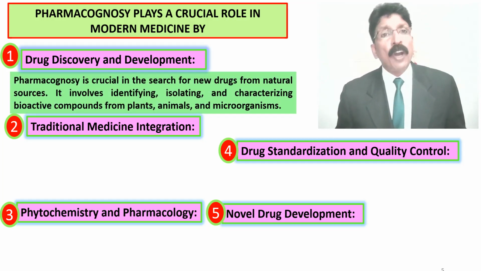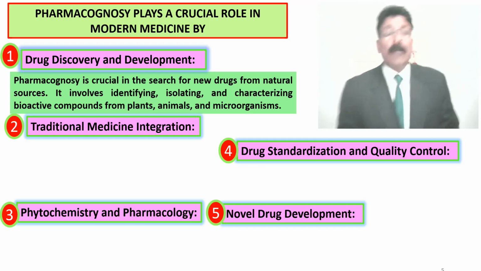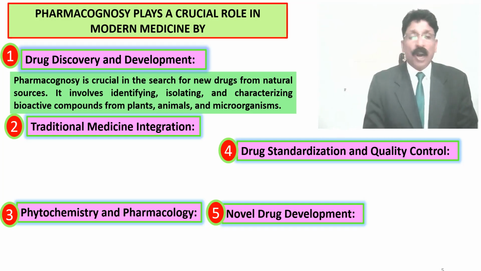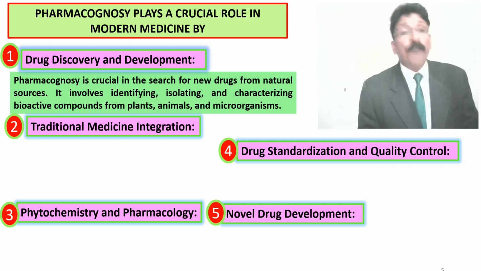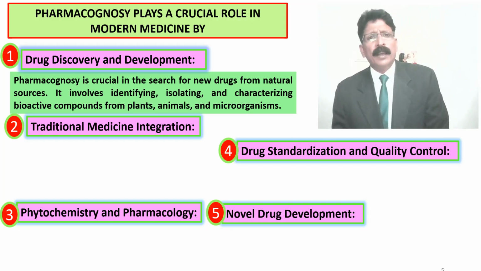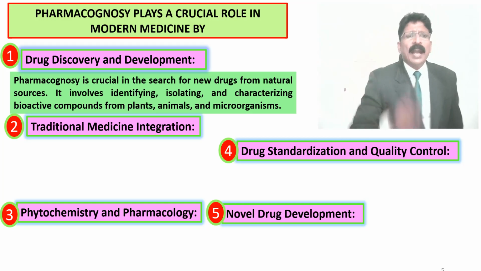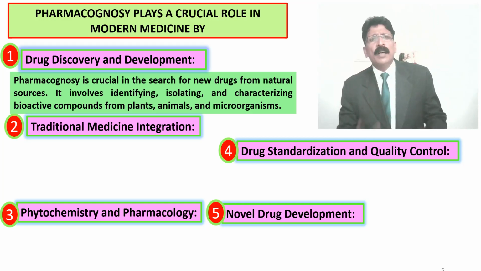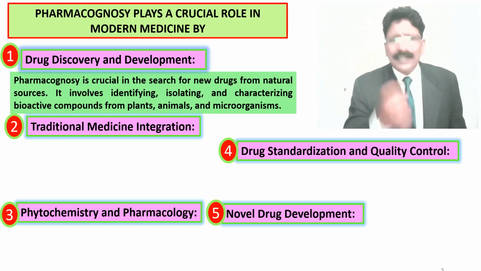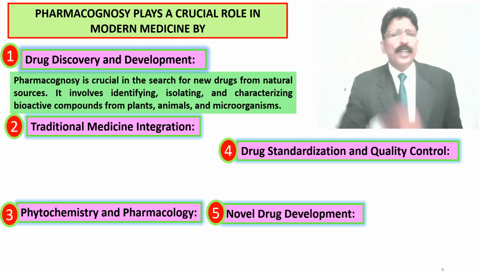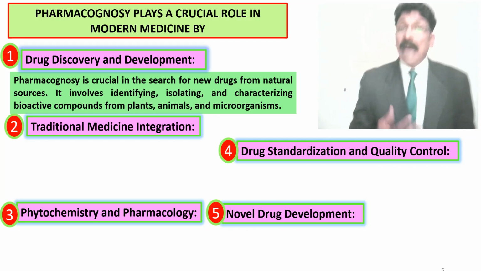So when we talk about drug discovery and development, the contribution of pharmacognosy in modern medicine, the conventional or English medicine which we follow now, the mainstream medicine in India, pharmacognosy is crucial in the search for new drugs from natural sources, and it involves identifying, isolating, and characterizing, that is structural elucidation, qualitatively and quantitatively, bioactive compounds from plants, animals, and microorganisms.